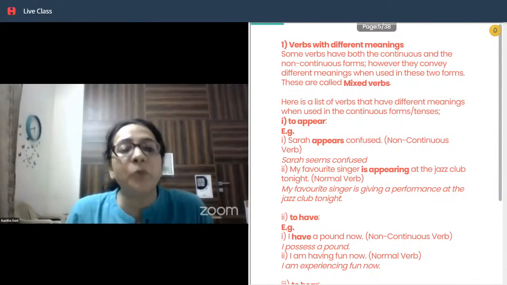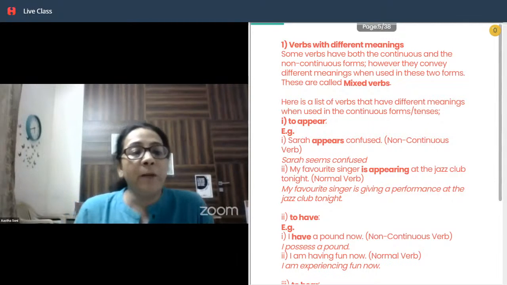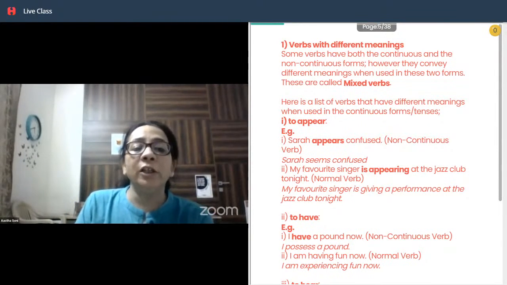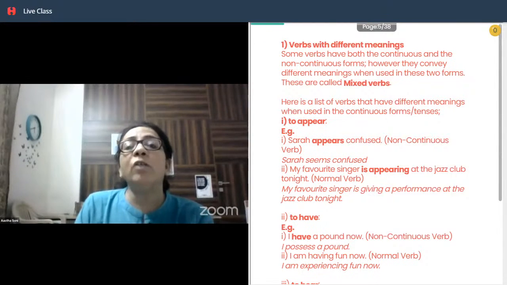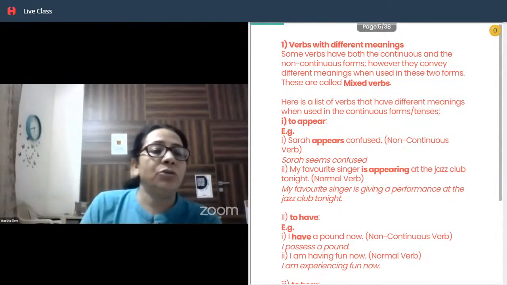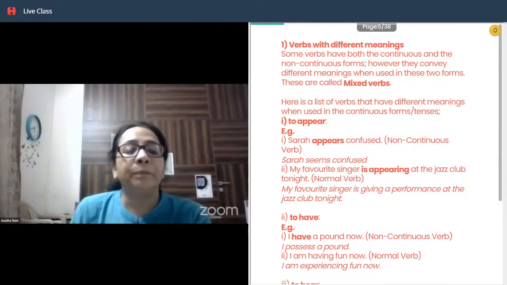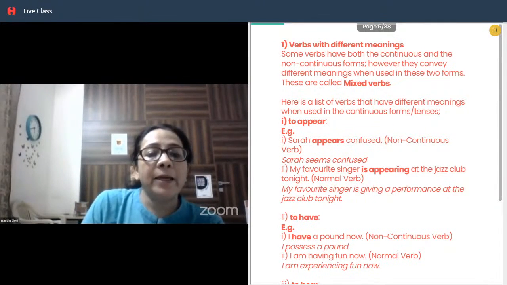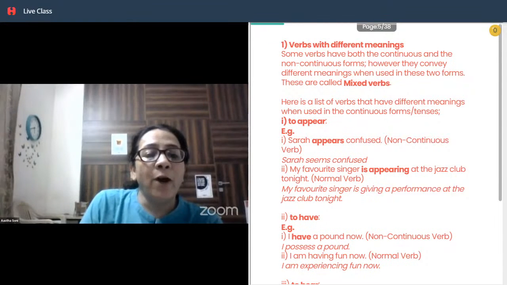So mixed verbs, be a little careful to use them. She is hearing voices, and she hears the music. Is hearing voices, see there is a helping verb and then you are using ing. And there you say she hears the music. To hear the music is fun.